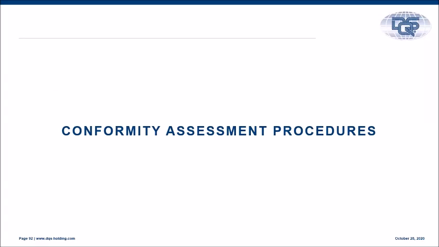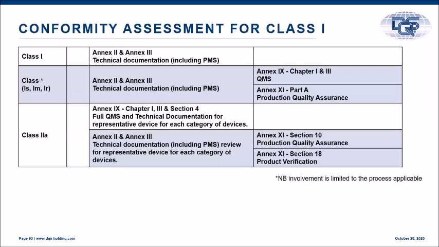Conformity assessment procedures. Depending on the classification of the product, the conformity assessment procedures are given in Annex 9, Annex 10 and 11 of the directive. So depending on the classification, there are various annex routes which can be followed.